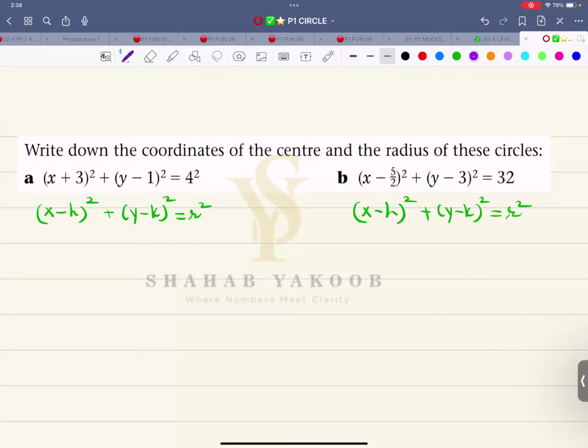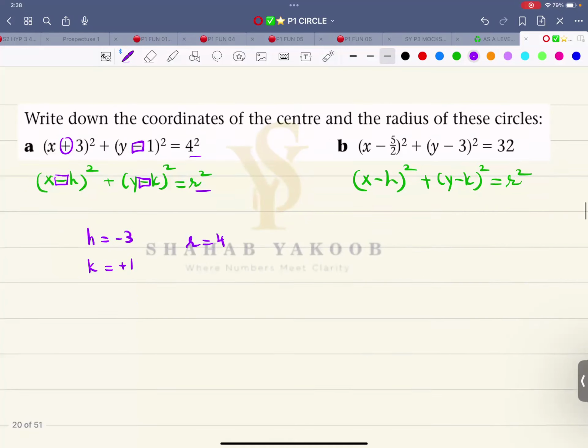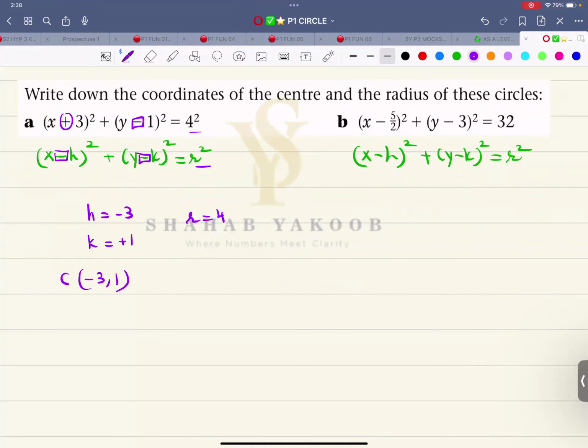So comparing coefficients, minus h is plus 3. Don't make a mistake over here. That would be a very silly mistake. h is negative 3, negative k is negative 1. Therefore, k is positive 1. r square is 4 square. Therefore, r is 4. So negative 3, 1, that is the center and the radius is 4.